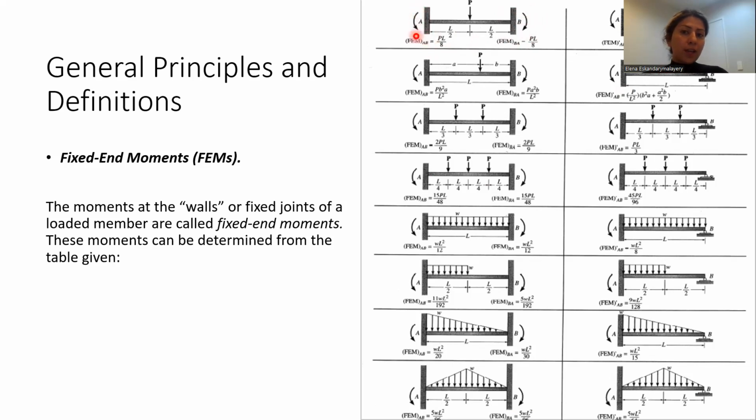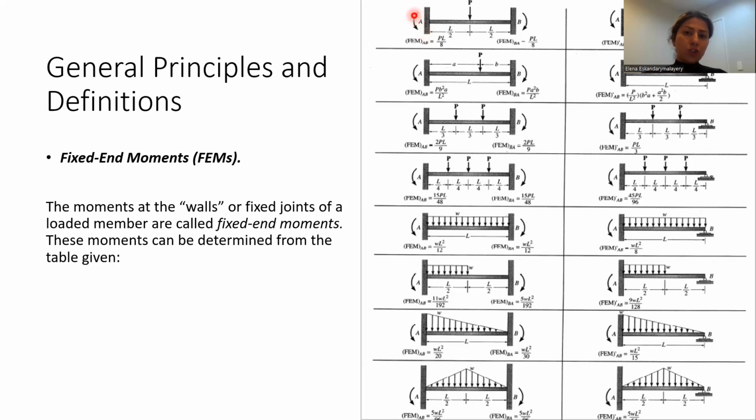However, on the left-hand side, the bending moment that this table gives you is anti-clockwise. So if you are going to use this value, you must consider minus PL over 8, because it is anti-clockwise, and in this method, anti-clockwise is negative.